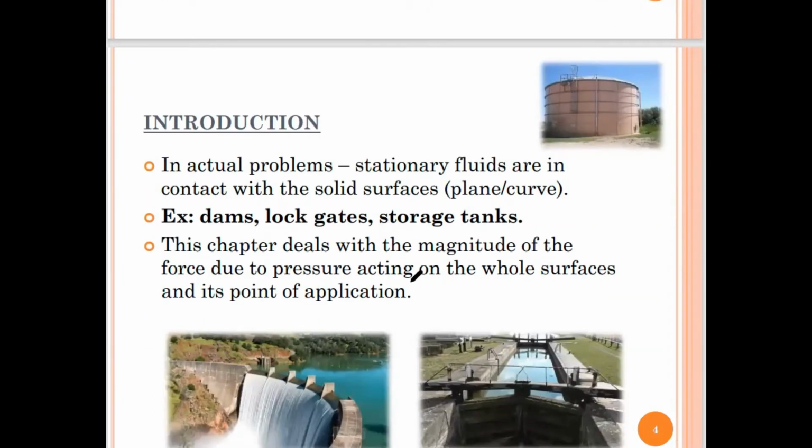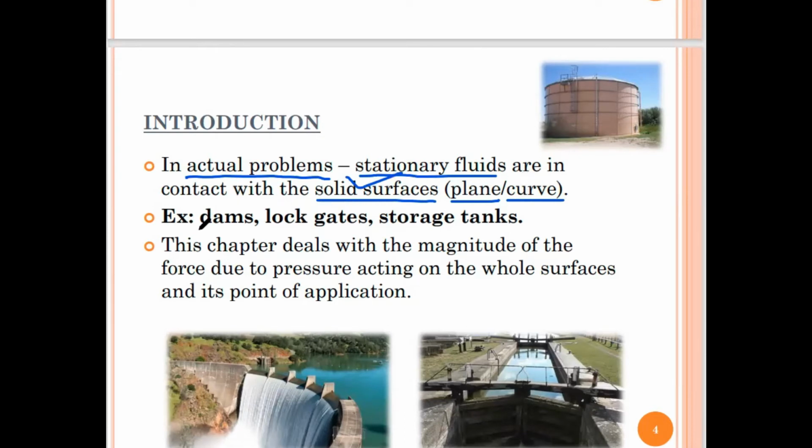Where you can see these hydrostatic forces: in actual problems, the stationary fluids or the fluids at rest are in contact with a solid surface, either plane or curved. So in practice, whatever stationary fluids there are, all those fluids will be in contact with a solid surface, either a plane solid surface or a curved surface.